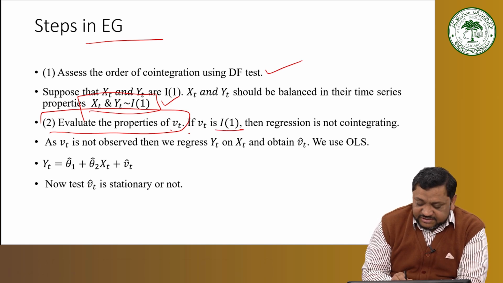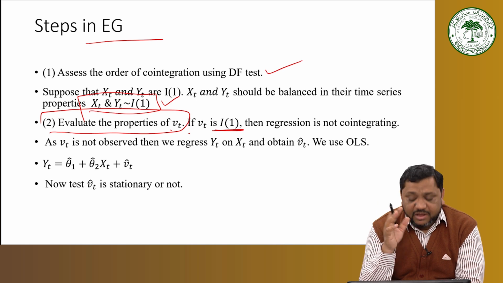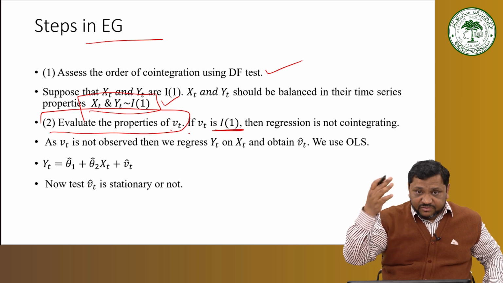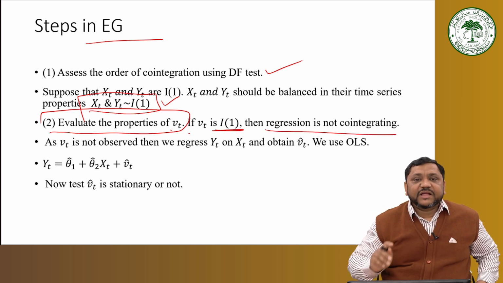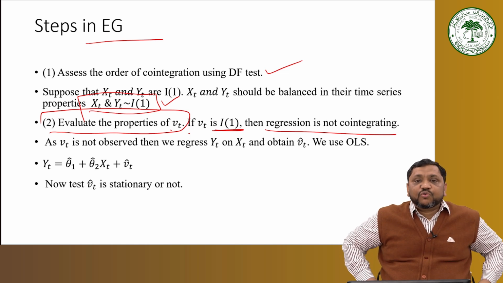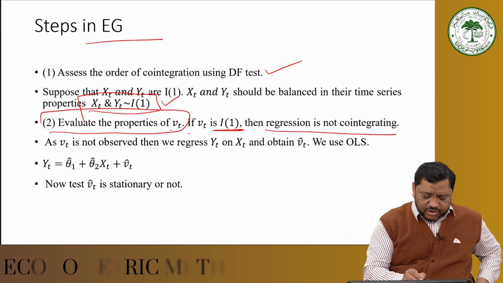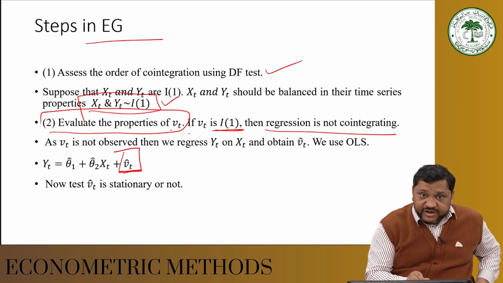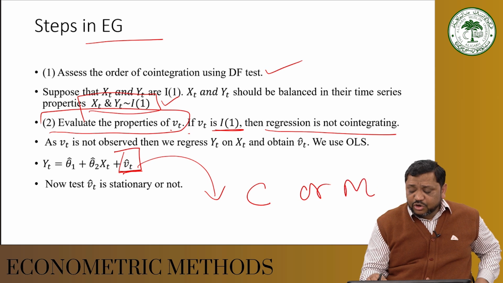If it is I1, meaning the error term is not stationary at level but is stationary at some difference, then we can say that there is no co-integrating or long run relationship between them. So we test for stationarity on this Vt hat, and then we interpret whether there is co-integration or no co-integration.